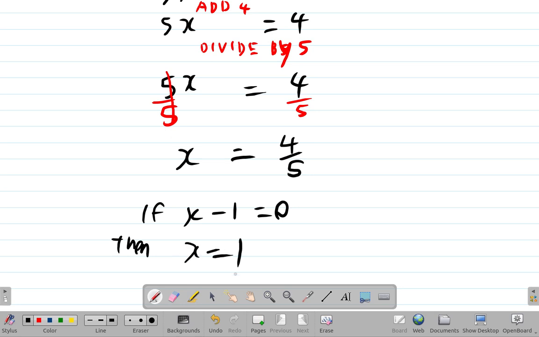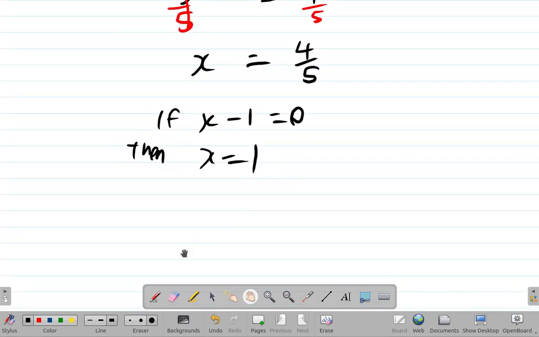So x must be 1. Here, you could add 1 to both sides and do it like before. But you can see, once you say x minus 1 is 0, then you say 1 minus 1 is 0, so x must be 1. Alright, so finally, you write down your answers. X equals 4/5 or x equals 1.